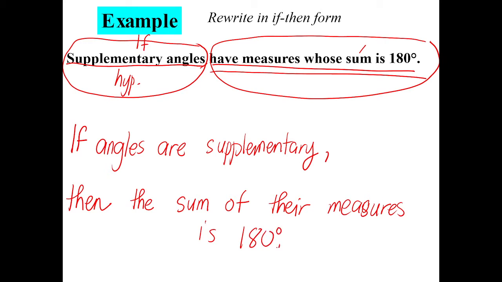You can also state it in another way, as long as the idea is there, that's totally correct. So, let's just analyze the sentence. Now, let's proceed to another example.